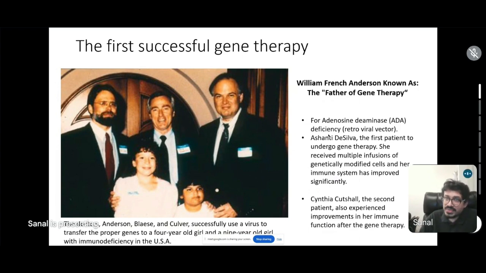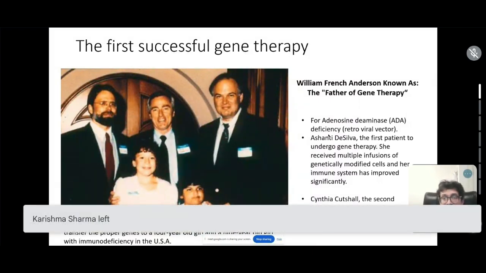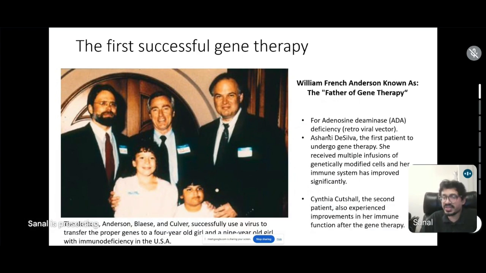As you all know, adenosine deaminase deficiency is also called bubble baby syndrome. Why? Because those kids who suffer from adenosine deaminase deficiency have very poor immunity. They are highly susceptible to recurrent infections and they die of infections. So they have to be kept away from germs all the time and be extremely careful when it comes to hygiene.